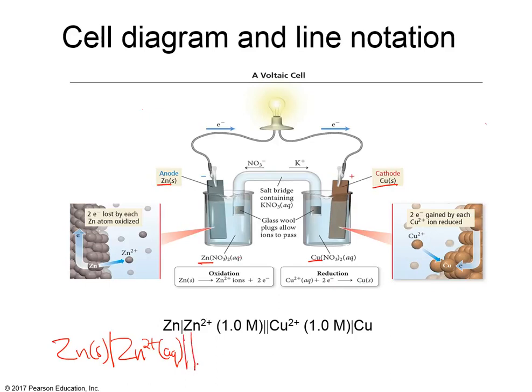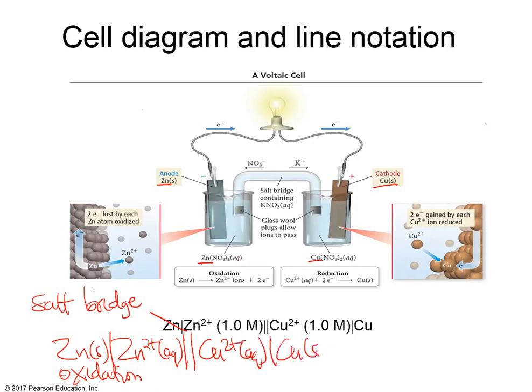Then you write two lines. These two lines stand for salt bridge. Then from there, you go to reduction. So this part is oxidation. After the salt bridge, you have copper, which is aqueous, and then it will give you copper solid.